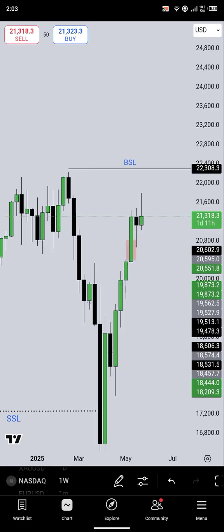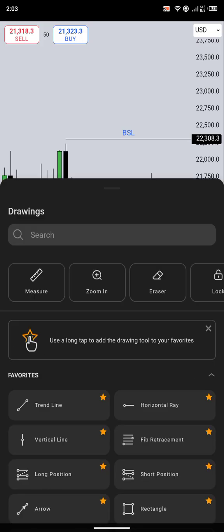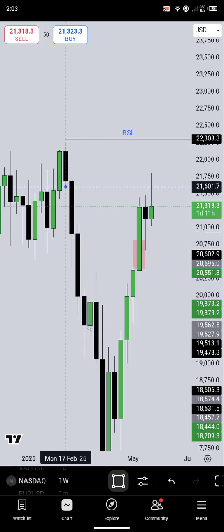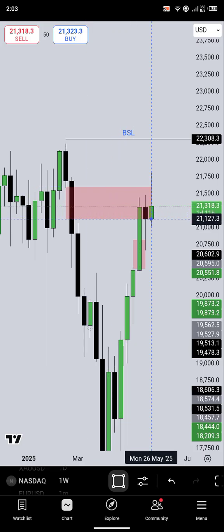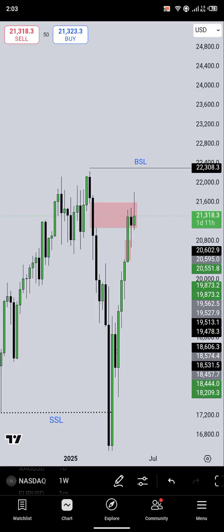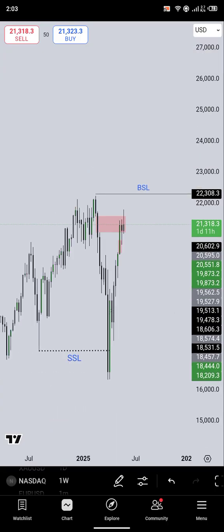So our buyers still remain the same, although price just drew into a fair value gap on the weekly time frame. So we might see some reactions off of these levels, but I'm hoping to see this buy side liquidity taken out on the Nasdaq.